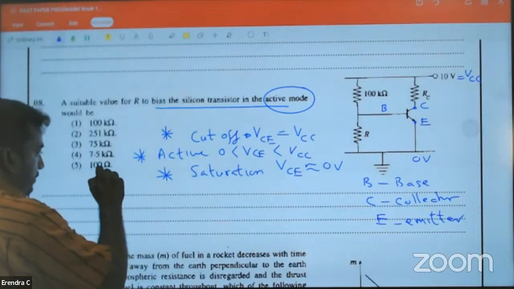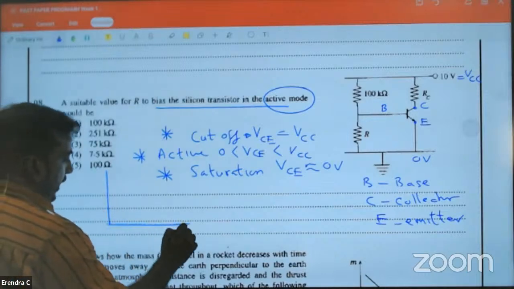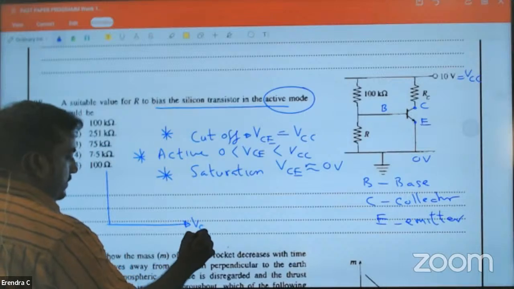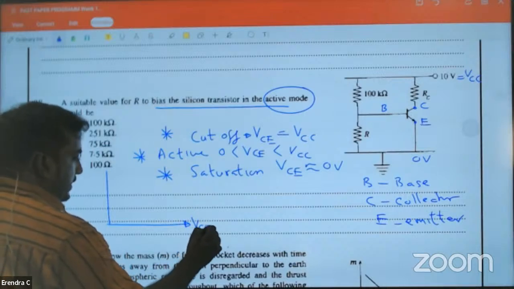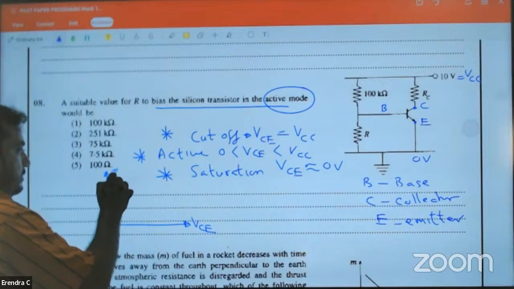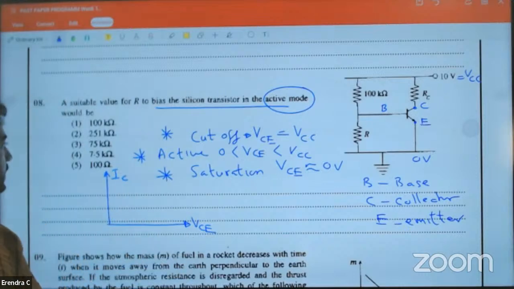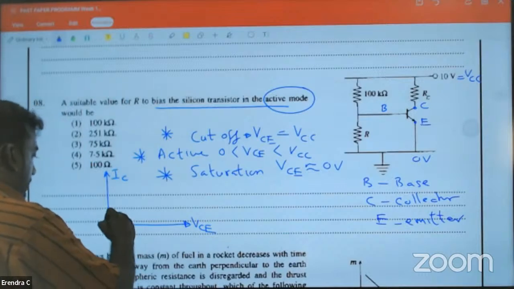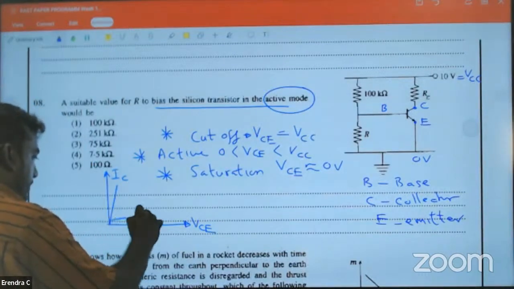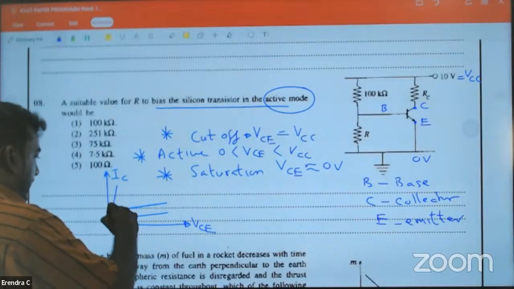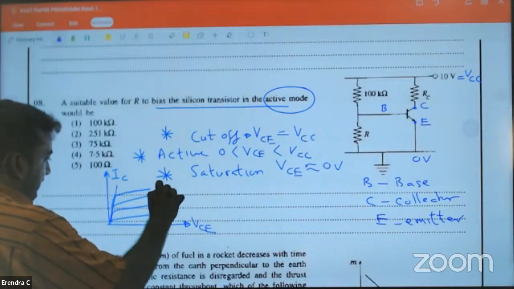Some of you have messaged me saying, sir, if you can show the curve. This is your VCE IC curve. Collector current, VCE voltage. Now remember, in the region, you will have variations like this. First shy ones, don't worry.